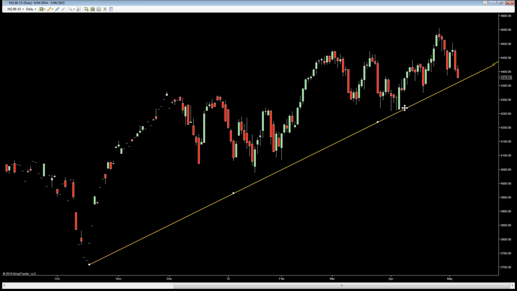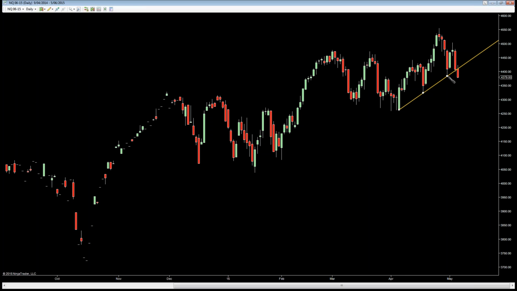We even have a short-term trend line right here, which was right on yesterday's low. So very often it's helpful to have a little bit of a longer term perspective.